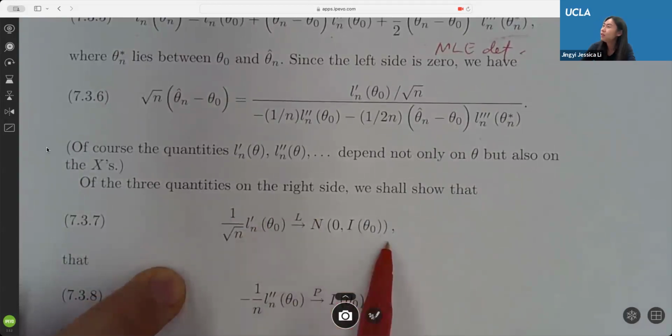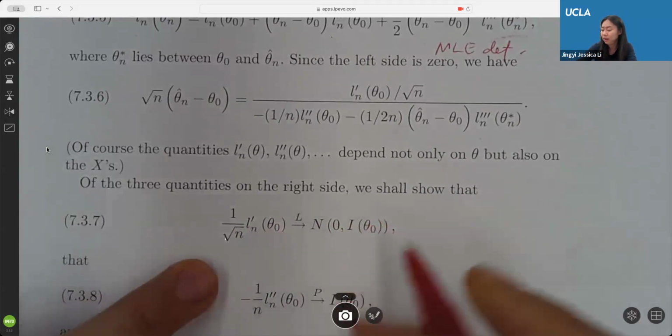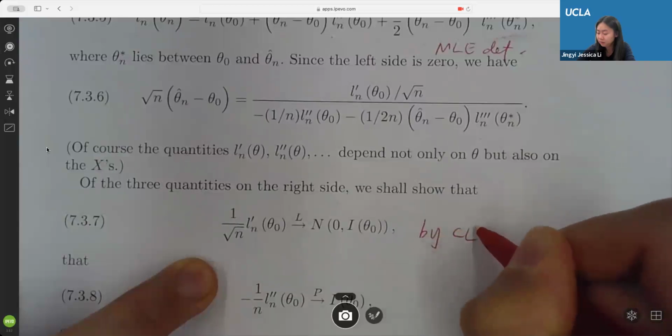And this is a central limit theorem result. And this asymptotic variance should be the variance of each term in the sum, right? And that is log density. And the variance of that is actually Fisher information by the alternative definition, one variance of that.